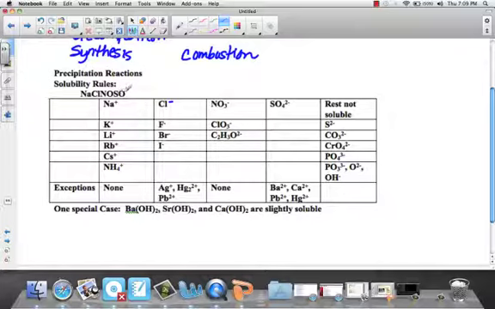And then you get to your SOs, which are your sulfates. Sulfates are soluble unless they combine with barium, calcium, lead, and mercury.